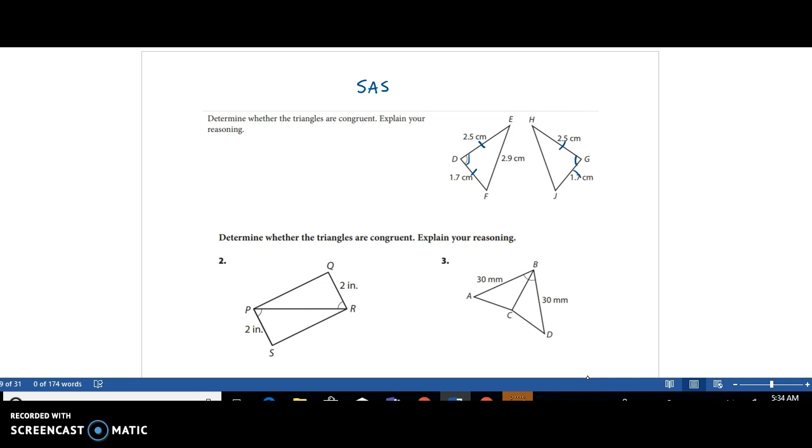So can I say that the triangles are congruent? Oops, I should put 2 marks on these. Yes, I can, because DE is congruent to HG and DF is congruent to JG. Also, angle D is congruent to angle G, and they are included angles.